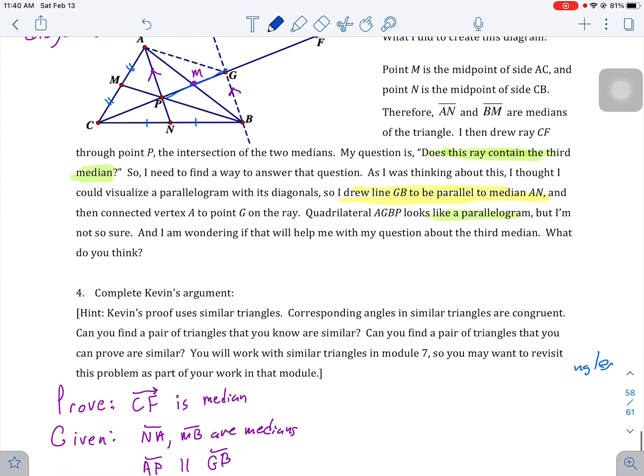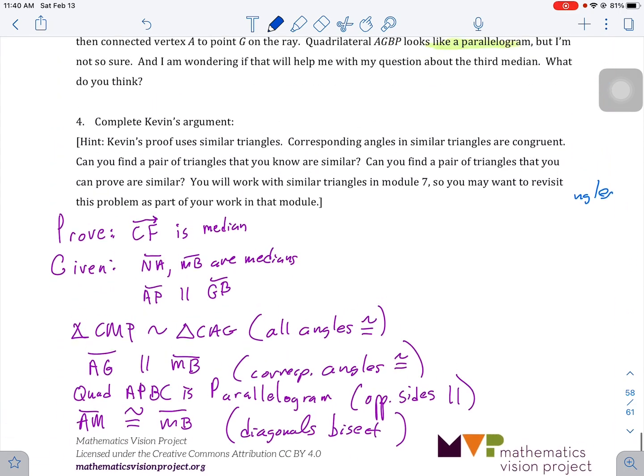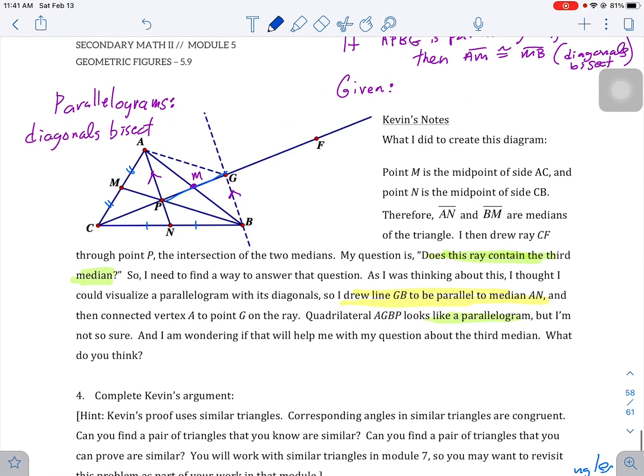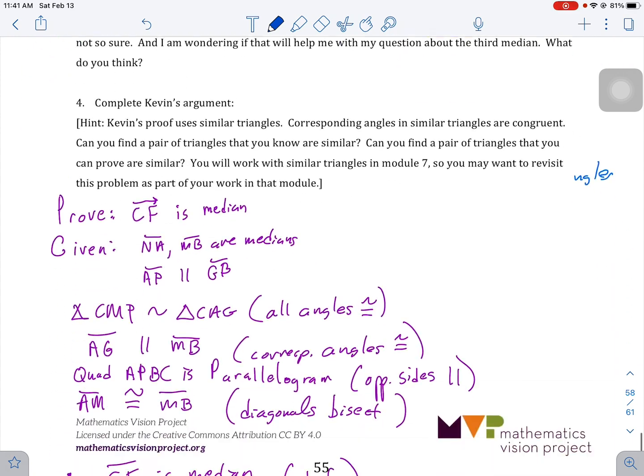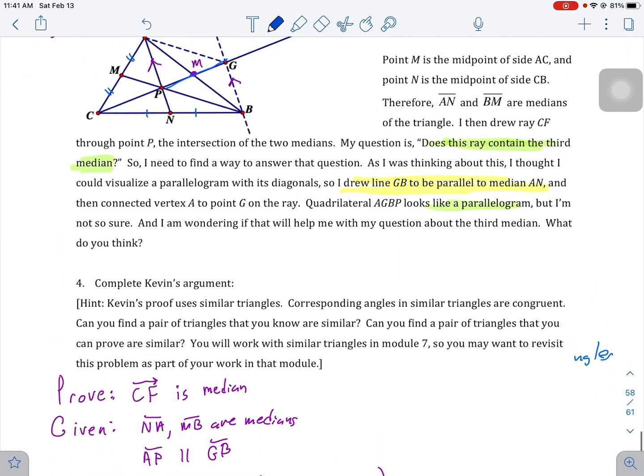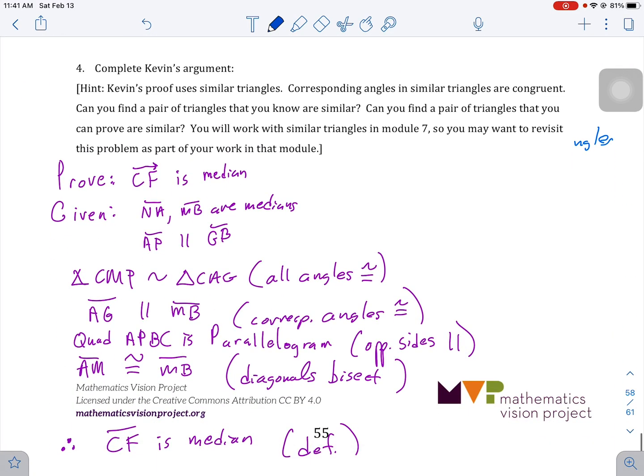The other thing is AP and GB. So here's AP, and here is GB. They're saying that the given is that those are parallel. Now, what we're trying to prove is that CF is a median.